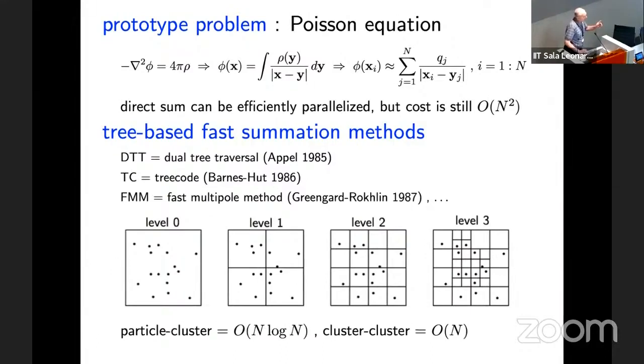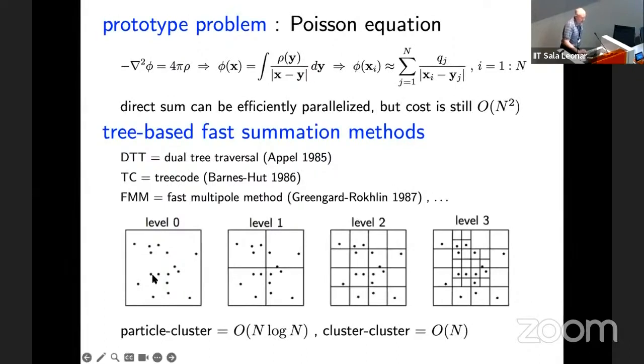It interacts between target particles and source clusters. The fast multipole method came in '87, and that's also an interaction between target clusters and source clusters, but it does it in a very specific way. All of these methods run faster than order N squared. The question was, which of them is going to run well on GPUs?